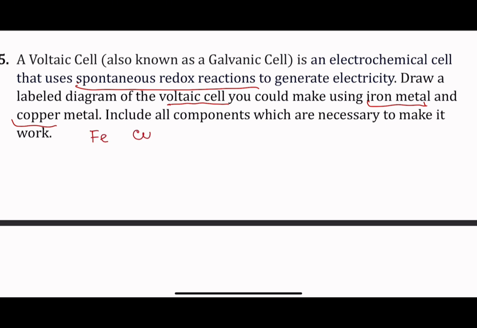For iron and copper, we know that iron is a stronger reducing agent than copper, so iron will be the anode, and copper will be the cathode. You need to know this in order to construct the diagram.